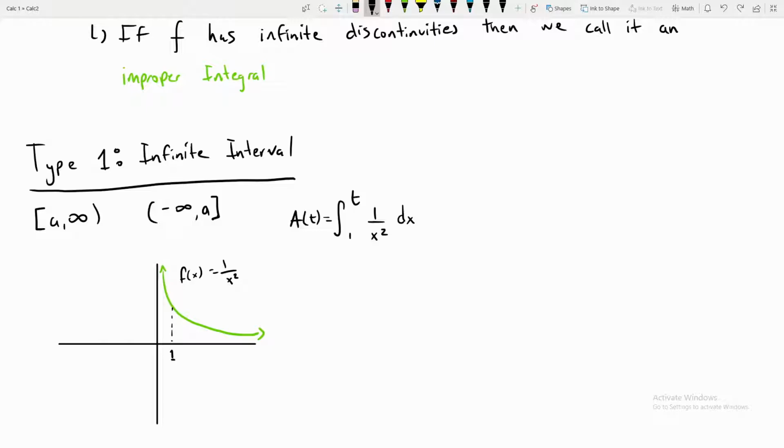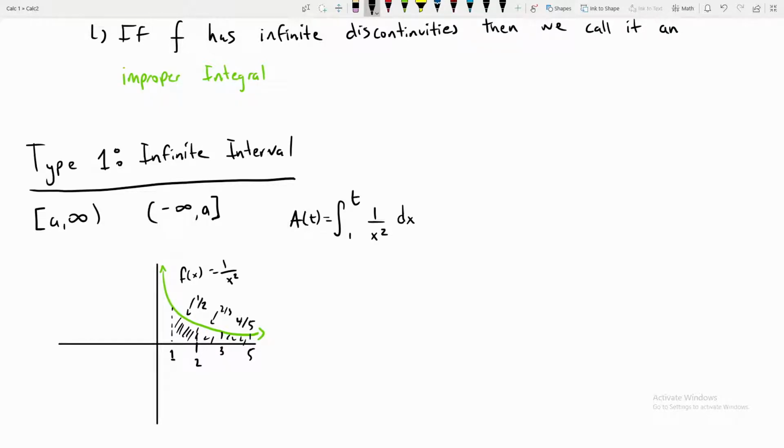So how do we go about that? Well, no matter what value of t we choose, it will yield a different value. For example, if we choose t to be 2, then this area right here would be 1/2. However, if we choose t to be 3, then all of this area combined is going to be 2/3, and if we choose t equals 5, then we'd have an area of 4/5 in total, right?